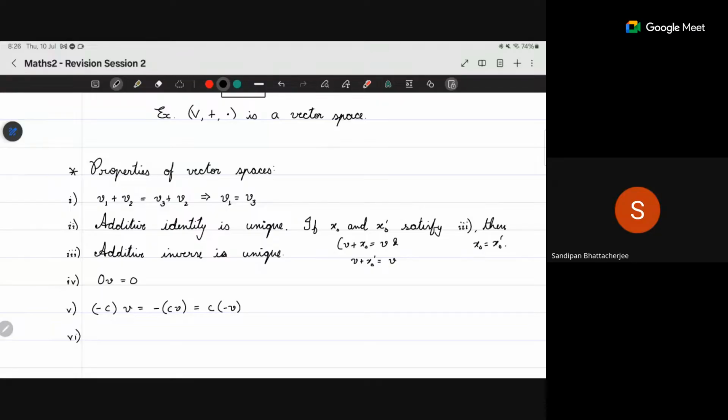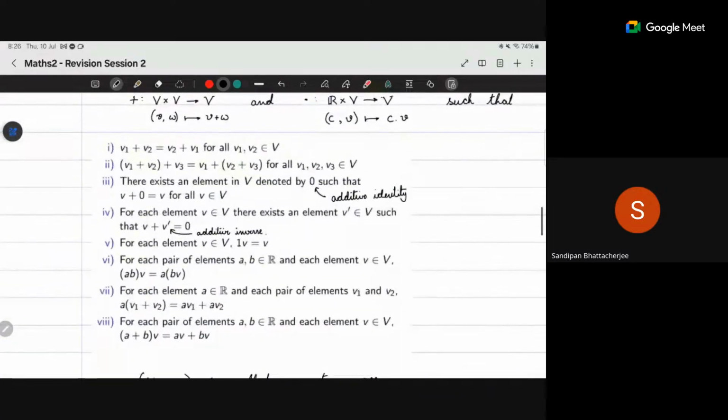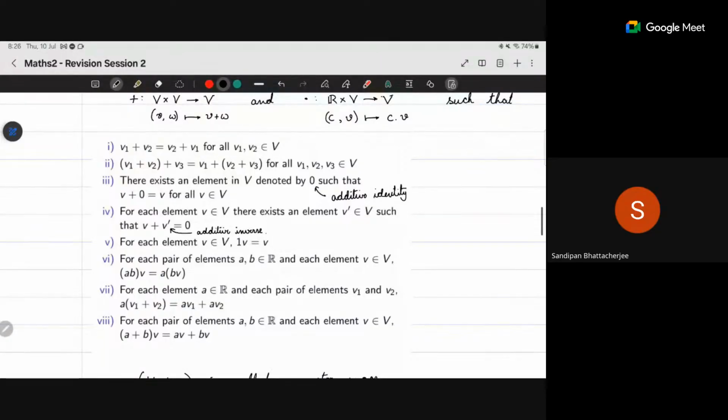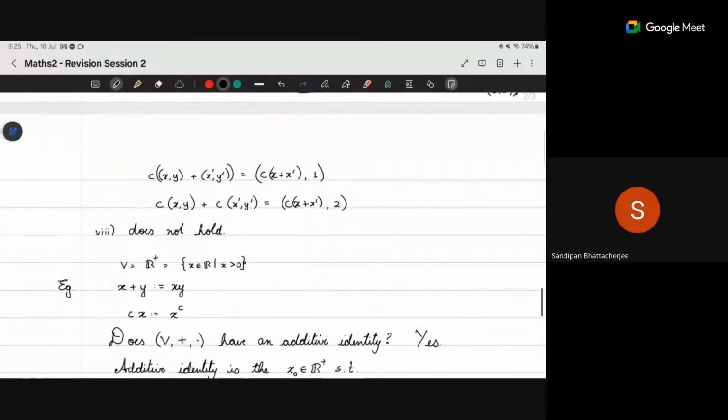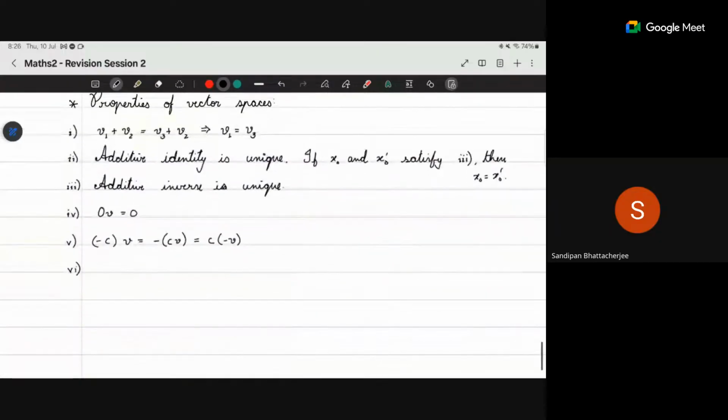This again follows easily from the cancellation law. It is a corollary of the cancellation law. Even though 3 guarantees that there exists an element, it is actually a unique element. There cannot be two elements satisfying the same property. So when you refer to 0, it is a specific element.